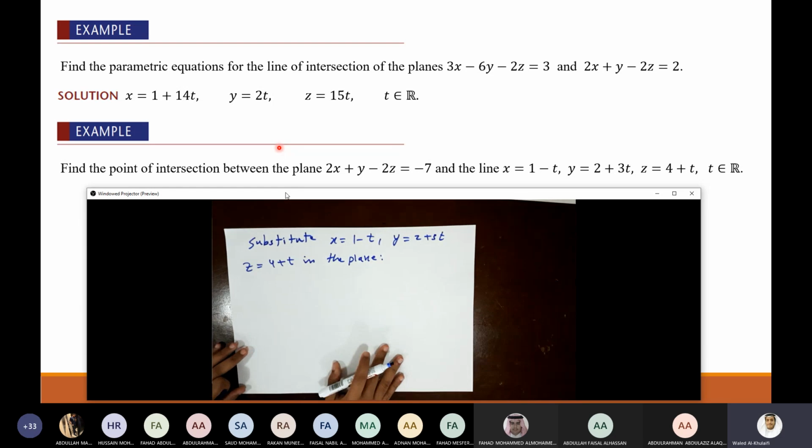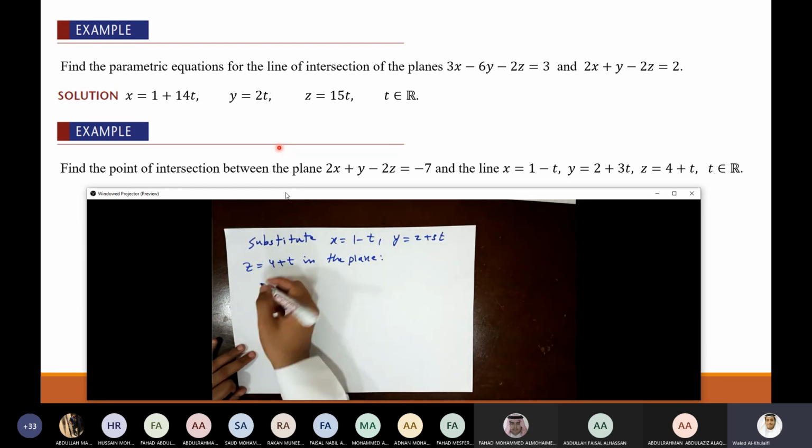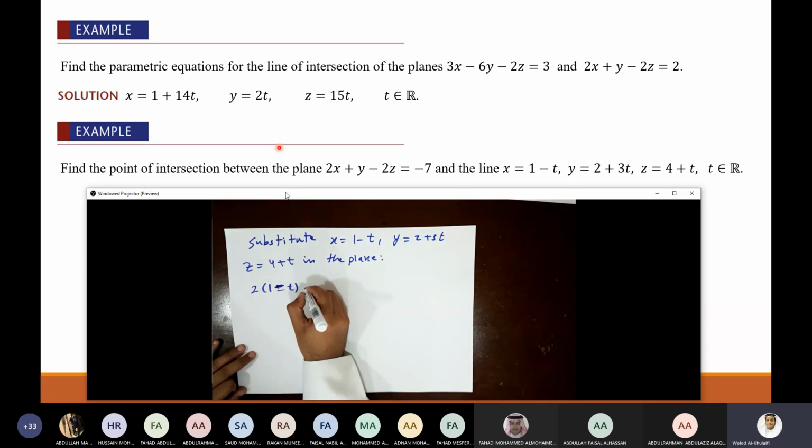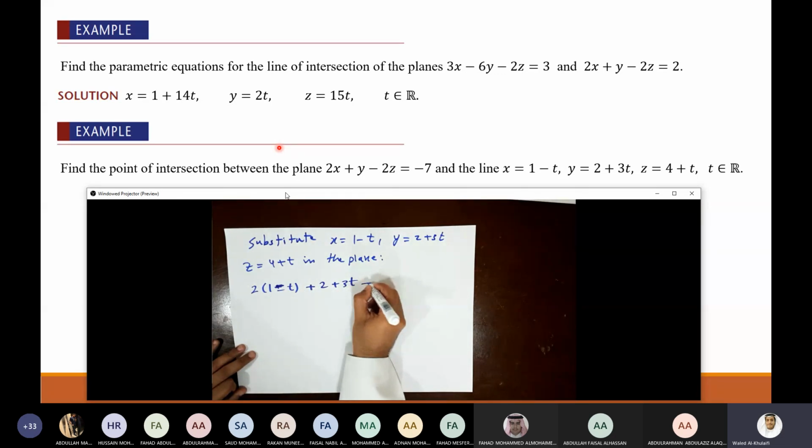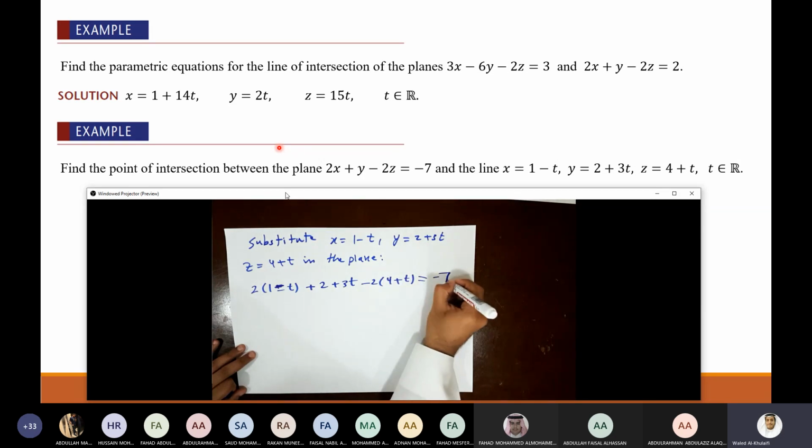This is what we did before, the usual way. So substitute there. We have 2 times 1 minus t, for x we put this one, plus y, which is 2 plus 3t, and then minus 2 times 4 plus t equals negative 7.